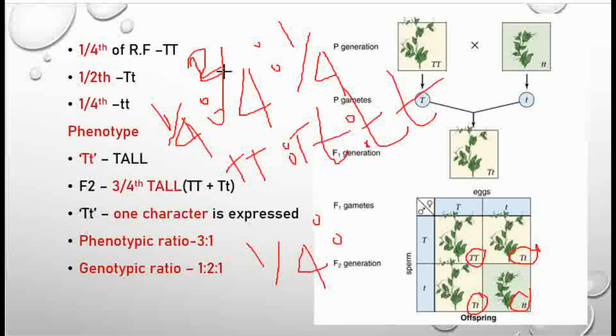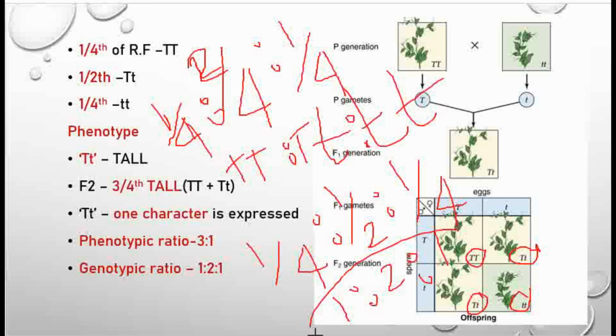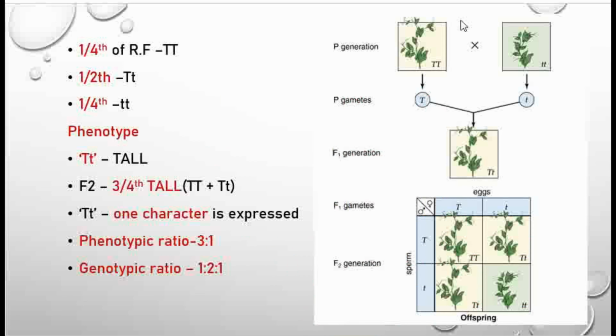So it will become 1/4 is to 1/2 is to 1/4. So again, to cancel this 4, if you multiply by 4 as a whole, you will get this ratio as 1:2:1. So we have got the genotypic ratio as 1:2:1.